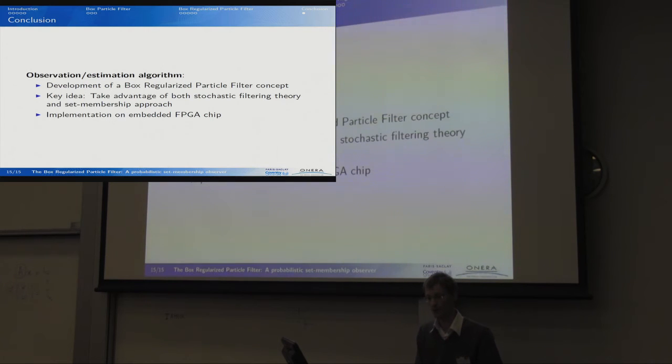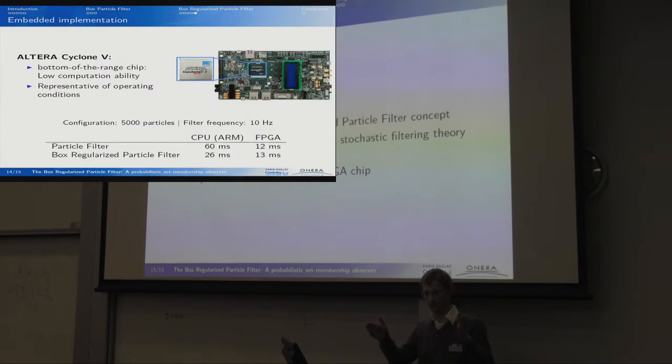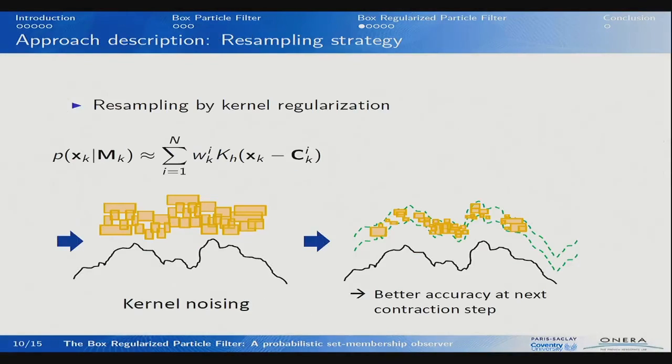Because you showed us something, but what's the size of the kernel window? For the initialization, you mean? Yeah, regularization. Do you mean the bounded kernel length? Yeah, you apply a kernel. Yeah, I apply a kernel. What is the size of the window?